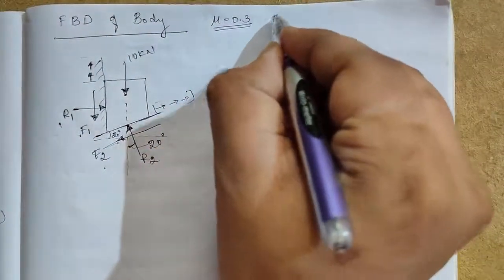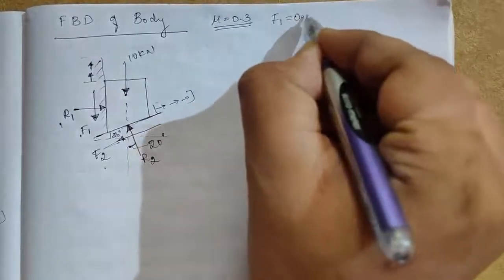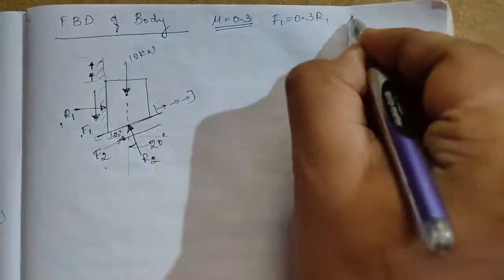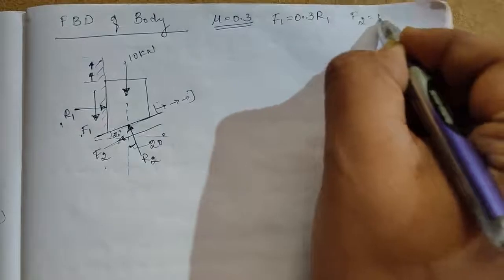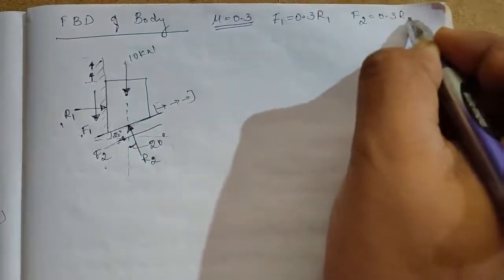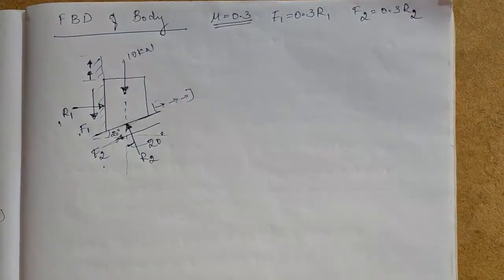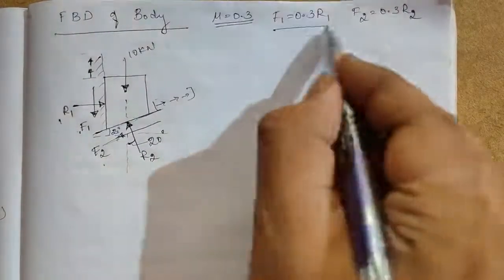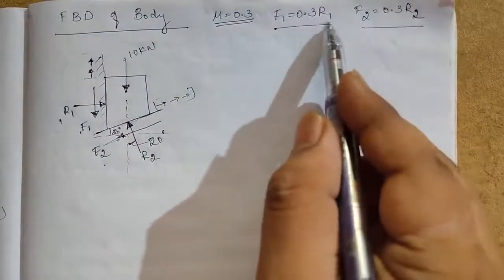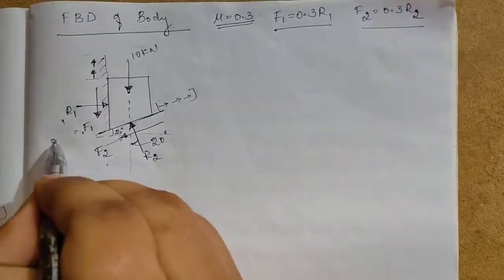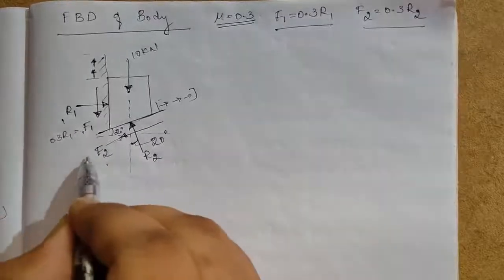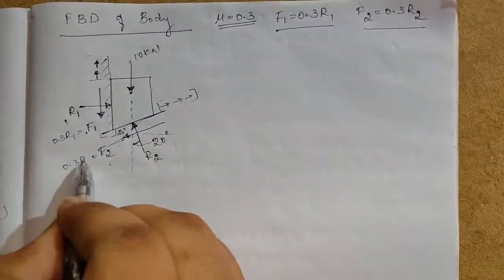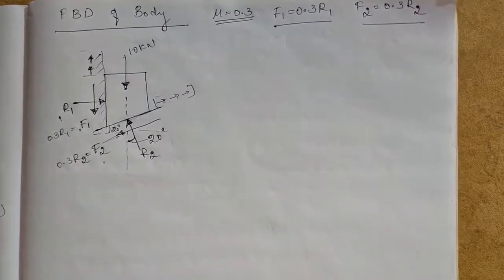So I'll take this F1 as 0.3 R1 and F2 as 0.3 R2. I'll not write the equation, and I'll not change it later. So before only I'll convert F1 and F2 as 0.3 R1, this is 0.3 R1, this is 0.3 R2.